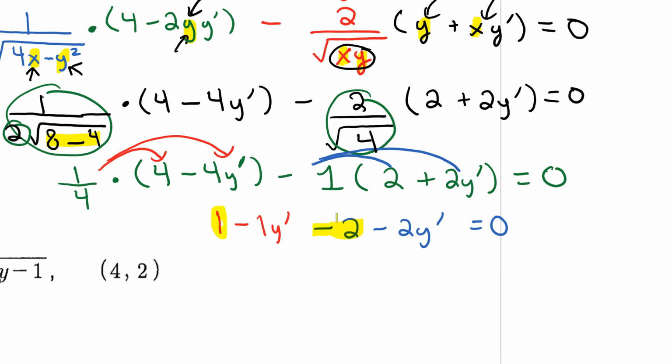So 1 minus 2, sorry, 1 minus 2 is going to be negative 1. And then if I take these guys, my y prime expressions, that would be negative 3y prime equals to 0.